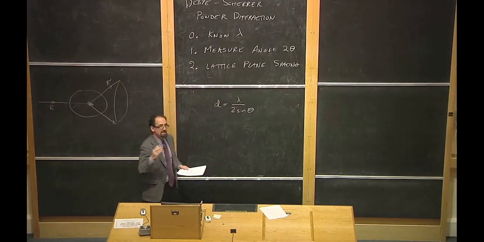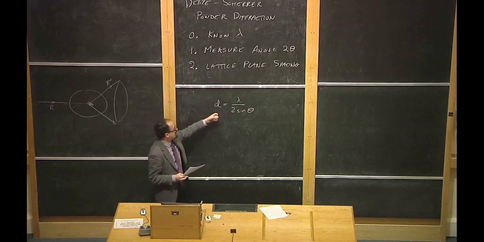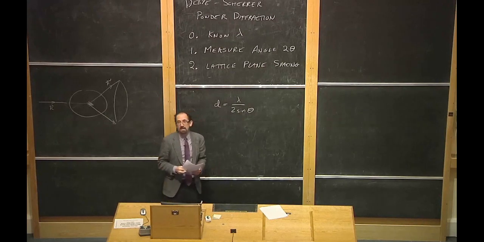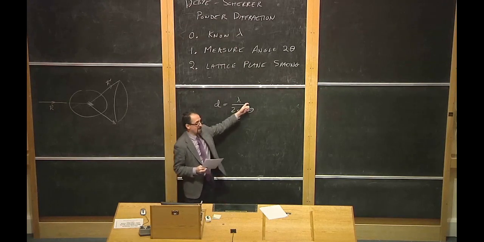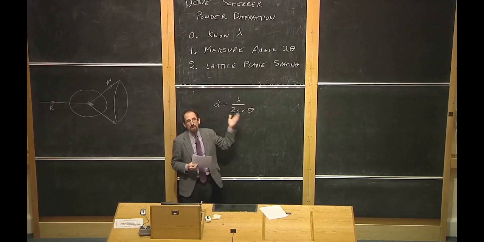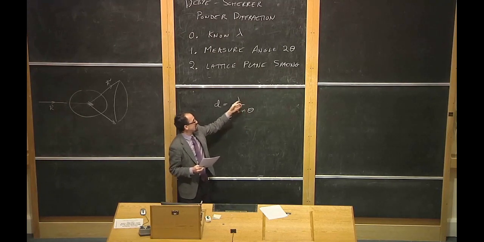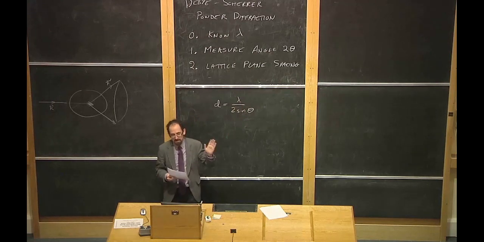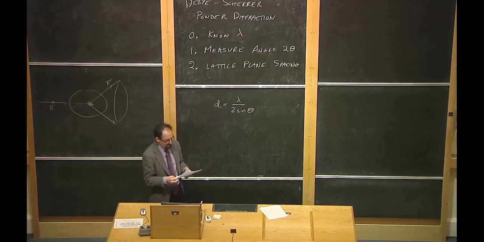So for each scattering angle you see, that's representing a family of lattice planes with a spacing d equals lambda over 2 sine theta. Now you might think it should be n lambda over 2 sine theta, but in fact you don't need the n up here because the higher values of n will correspond to different thetas that you will also measure. So you'll just be overcounting if you put an n upstairs. So you just need to keep lambda over 2 sine theta. Each angle corresponds to one lattice plane spacing.